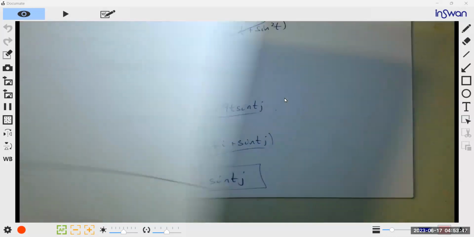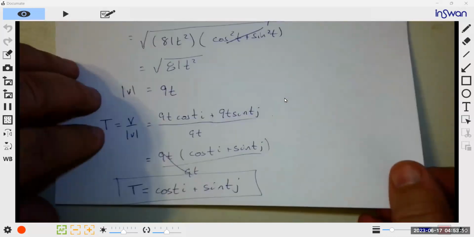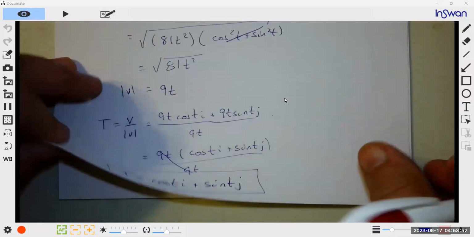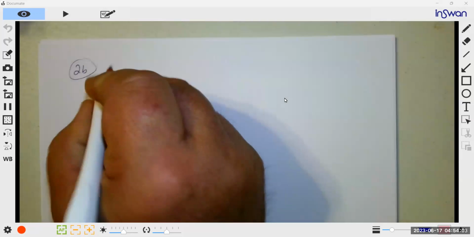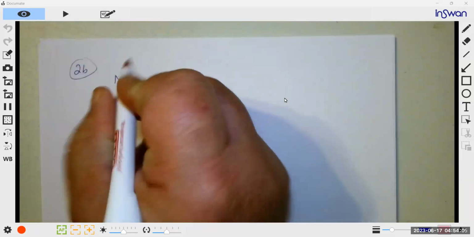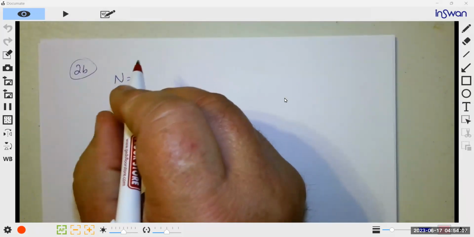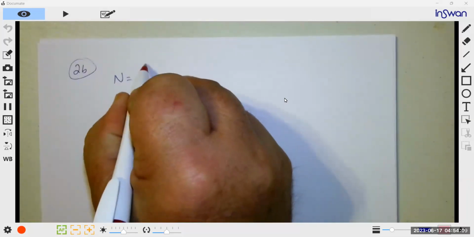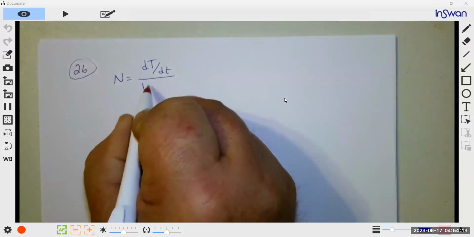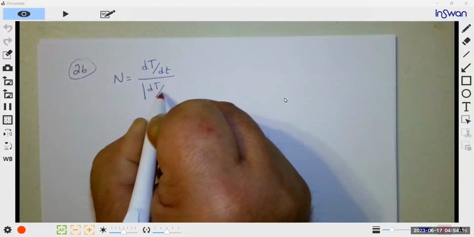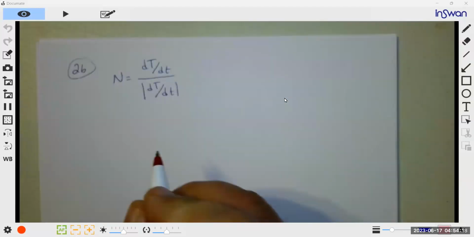Now I've got to find N, which the formula is the derivative of T with respect to t over the magnitude of the derivative of T with respect to t.